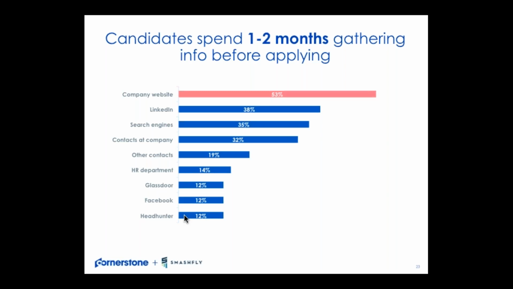What are the products that it sells? What is the company's mission? What does it stand for? What are the employee experiences like? Are there employee testimonials? So there's a lot of information gathering that happens that, if we're not controlling it as employers, then you're ceding control to the broader market. And if you don't control that message, then you can't control the experience, which Tom talked about earlier.